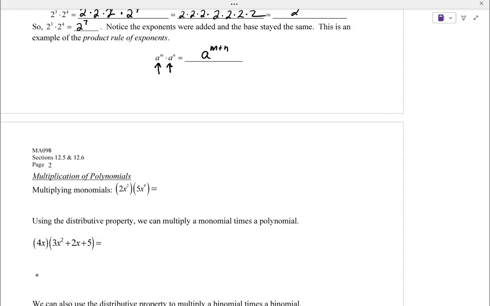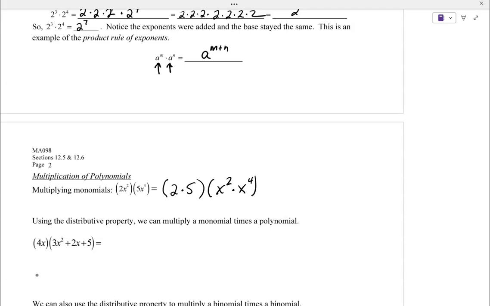When I multiply the monomials, you'll multiply the coefficients together, and you'll multiply the variable pieces together. All we're doing there is using the fact that it doesn't matter what order I multiply things in. I'm just rearranging. So I rearrange, I'm going to multiply the coefficients, and then I'm going to multiply the variable pieces.